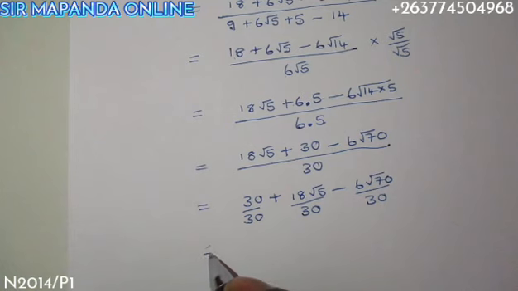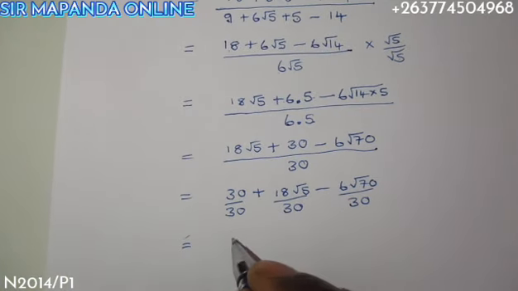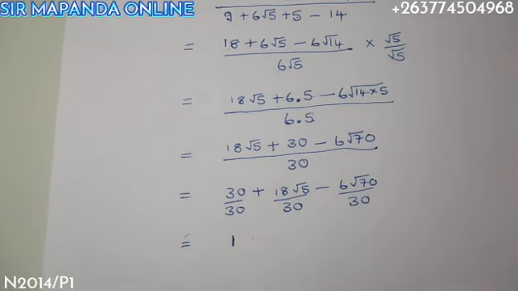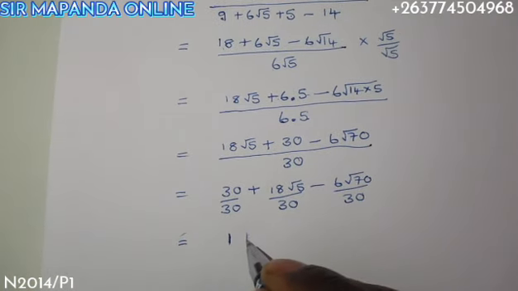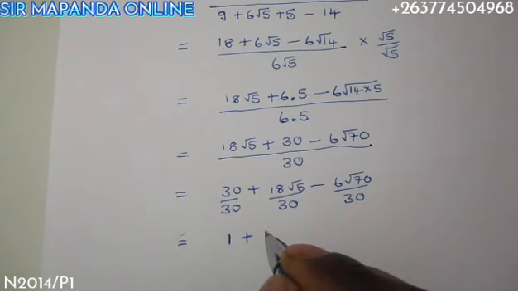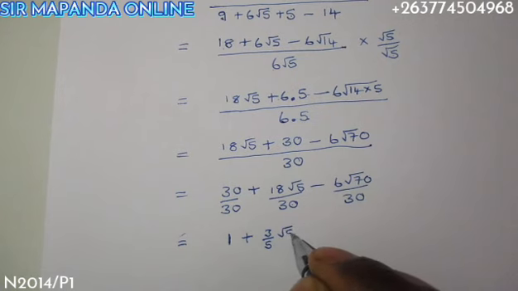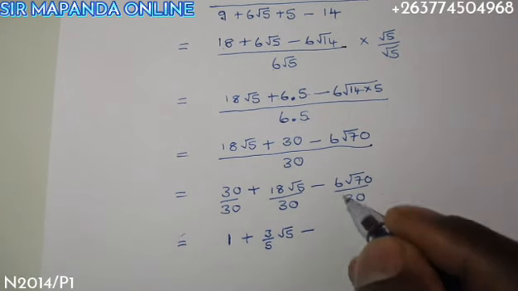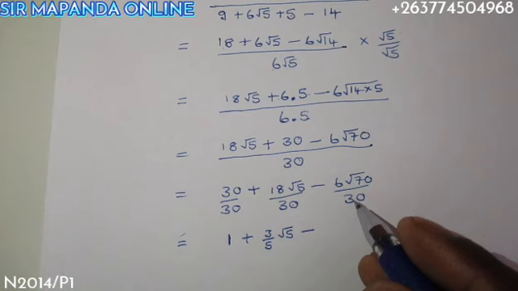I hope you are getting it, class. So 30 over 30 is 1, right? Then 18 over 30 can be reduced by 6, where 6 into 18 is 3, 6 into 30 is 5, giving you 3 over 5 root 5. Then 6 into 6 is 1, 6 into 30 is 5.